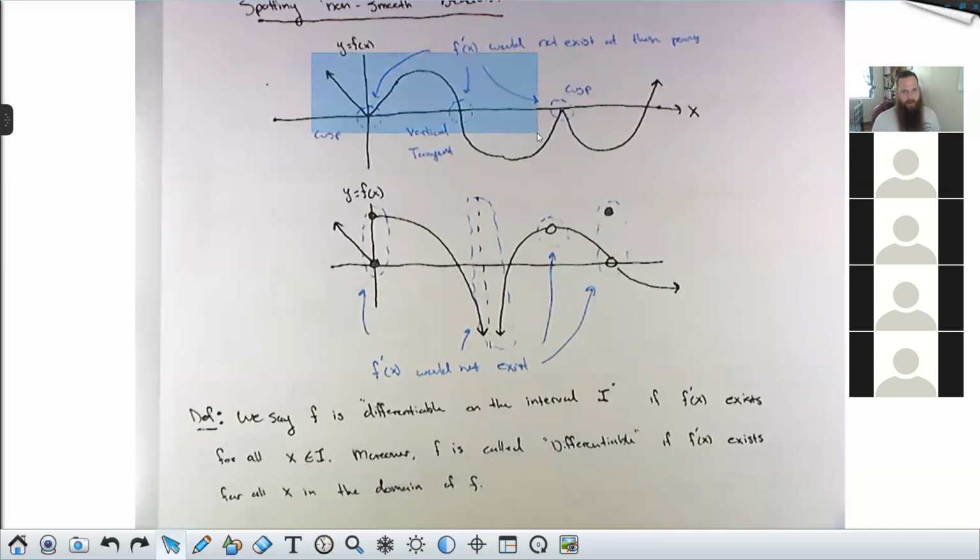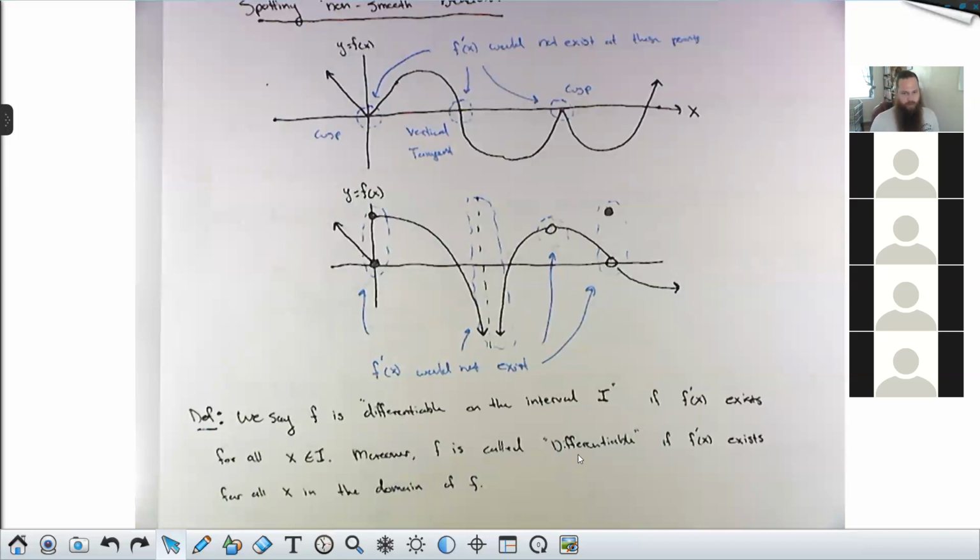So yeah, this is not a differentiable function because there's lots of points in the domain where it's not differentiable. The absolute value function, we would not call that a differentiable function, even though it is differentiable at a bunch of x values, it's not differentiable everywhere in its domain.